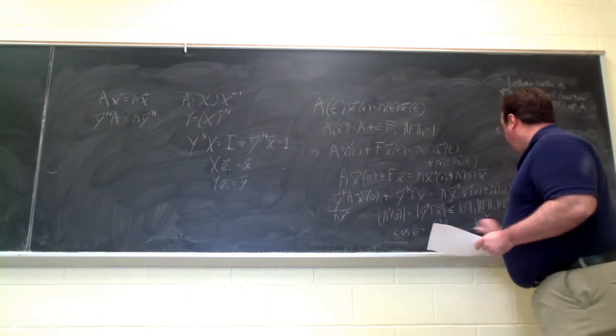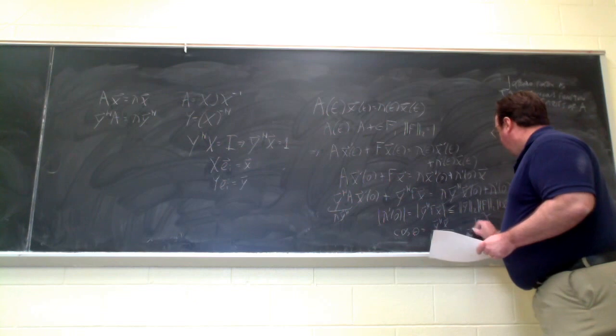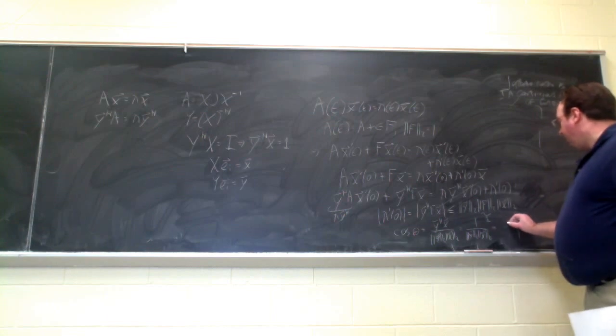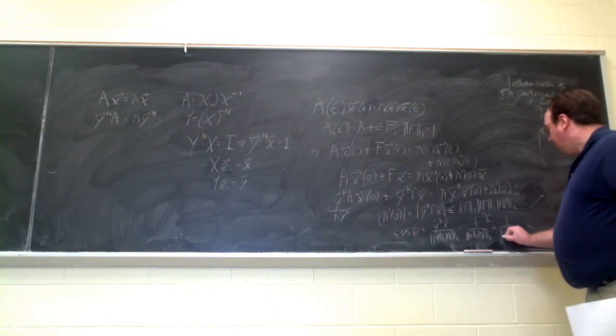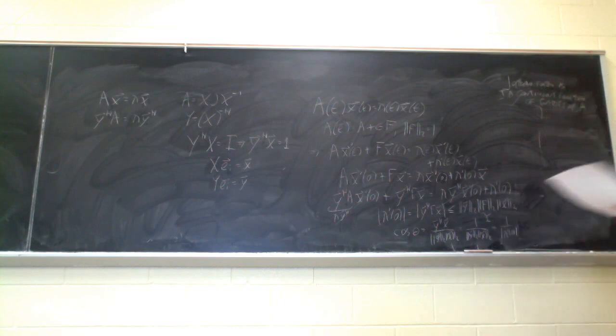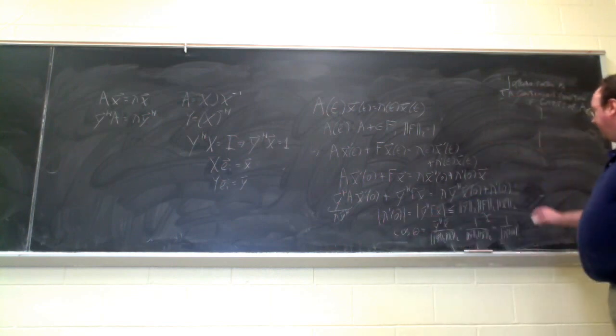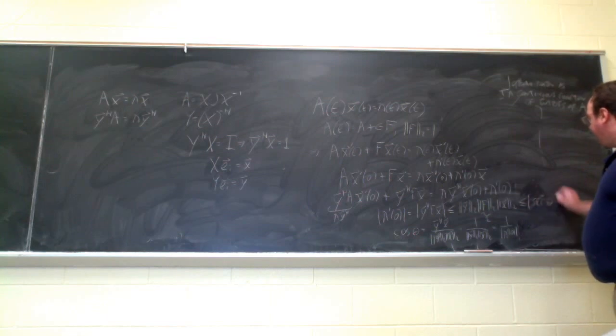So I get 1 over the norm of y times the norm of x. So I can say that lambda prime is less than or equal to the absolute value of secant theta.